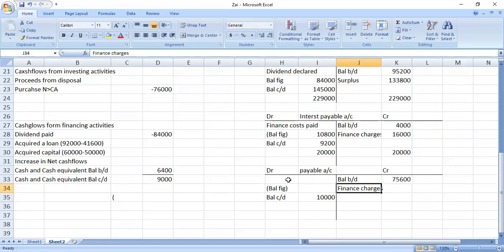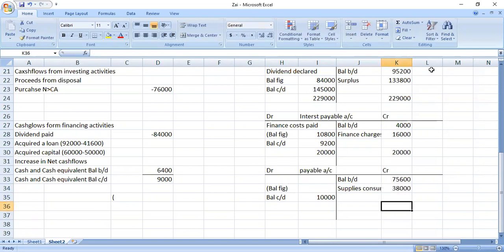So when you have consumables or goods consumed, you bring the figure here. By being on this side under the income statement as an expense, it was debited. Say supplies. How much? It was 38,000.